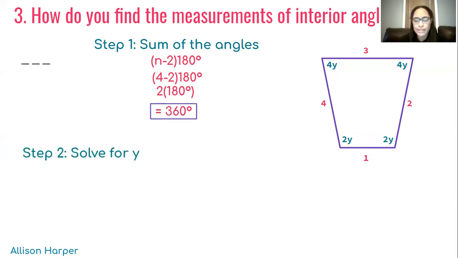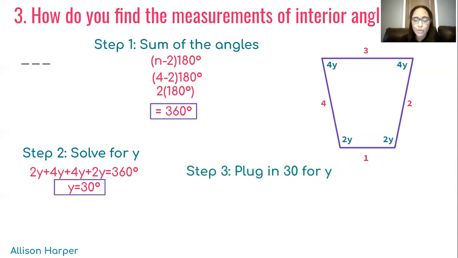And then we'll move on to step 2, which is solve for y. So we are going to take all of our angles and set them equal to 360. And we find that y equals 30. So step 3, our last step, we are just going to plug in 30 for y.